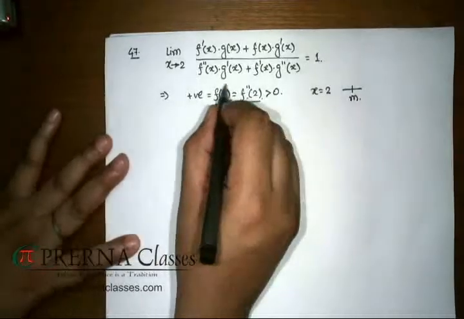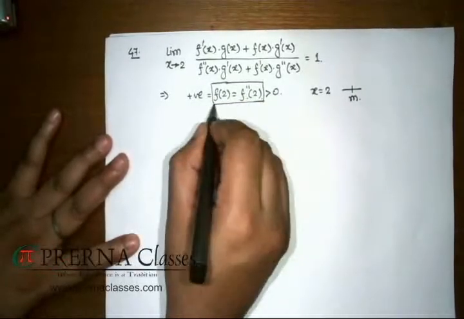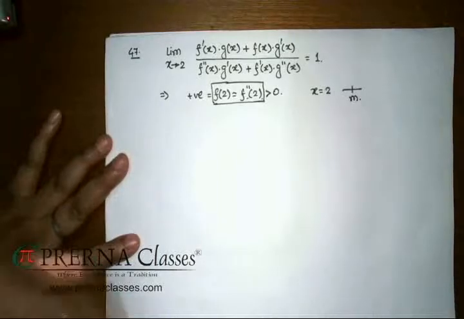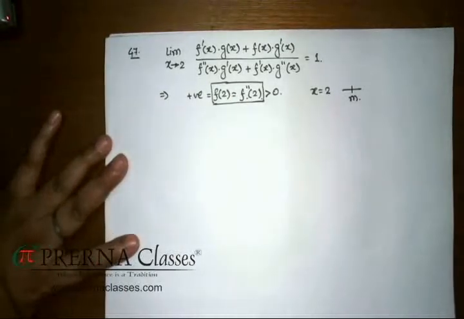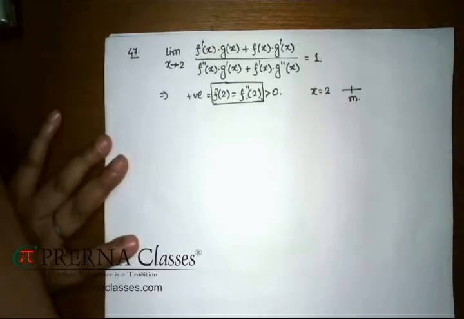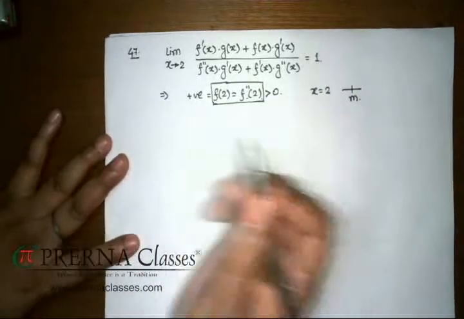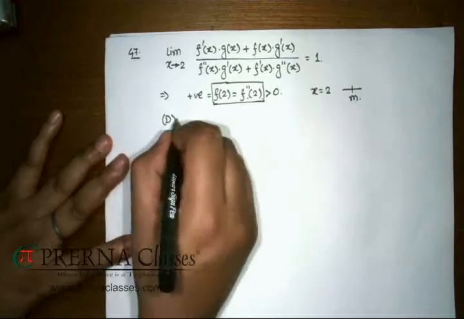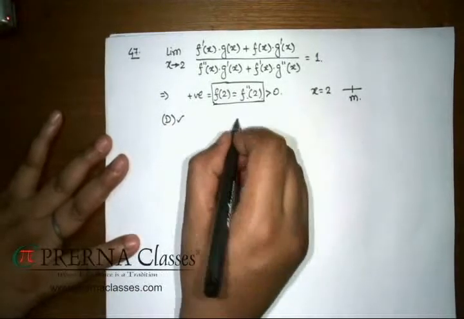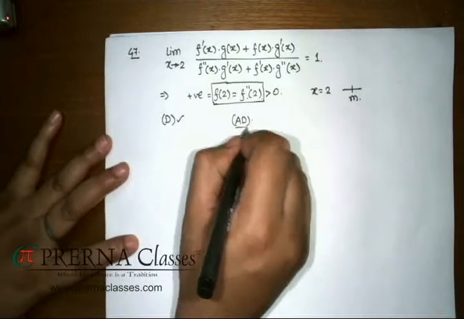Since we have this information, clearly option C is wrong, option B is wrong. And once you know this, I can say in option D that the equation must have at least one root as 2. I can't claim anything else, whether they have a root or not, so option D is also correct.